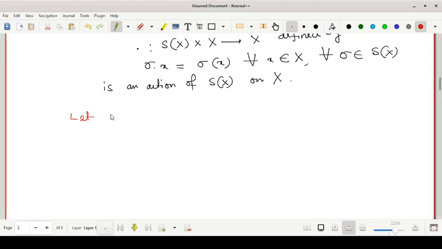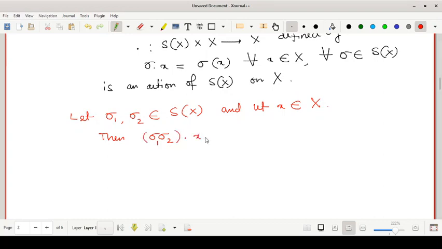Let sigma 1, sigma 2 be two permutations on X, that is, sigma 1, sigma 2 belong to Sx, and let x belong to capital X. Then (sigma 1 sigma 2) acting on x, by definition, is sigma 1 composition sigma 2 as a function of x.